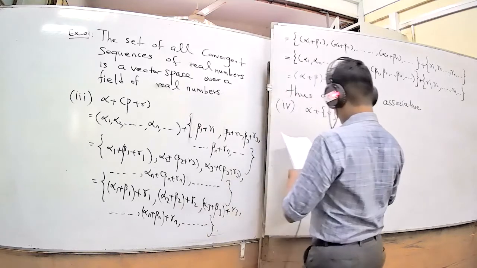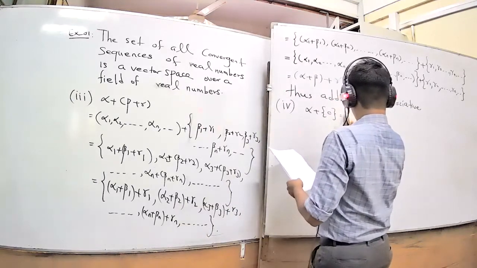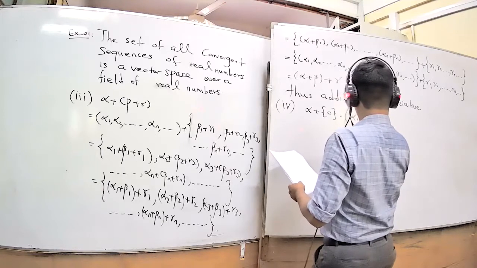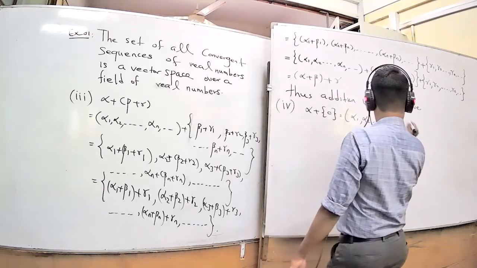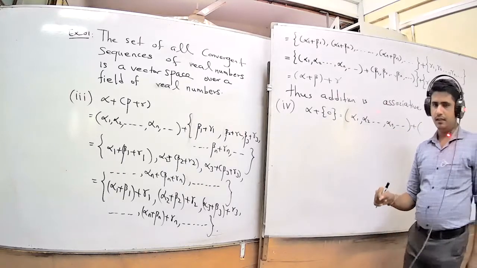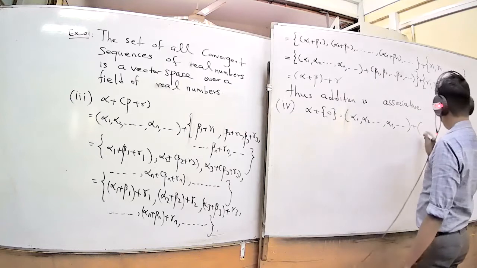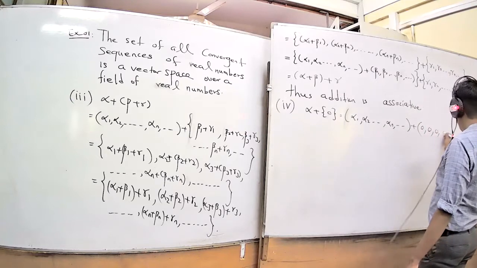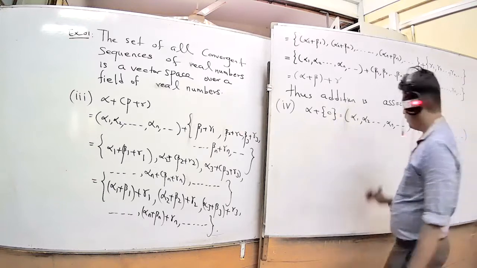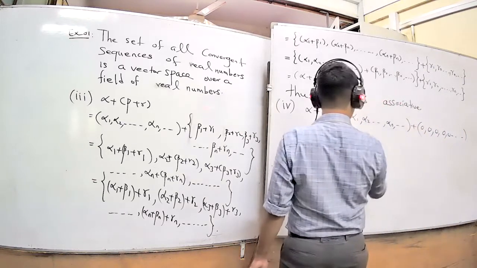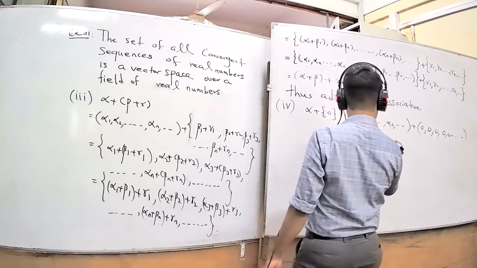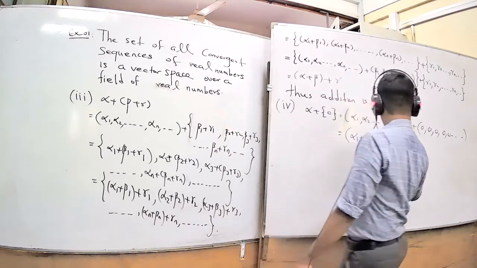It is a sequence of the form 0, 0, 0, 0, 0, and so on. So you add these two, then you get alpha 1 plus 0, alpha 2 plus 0, alpha 3 plus 0, and so on.